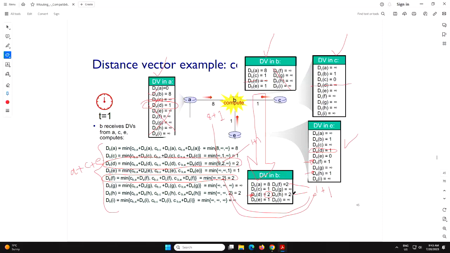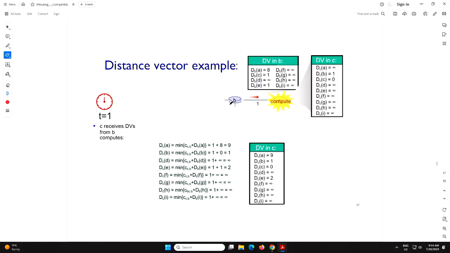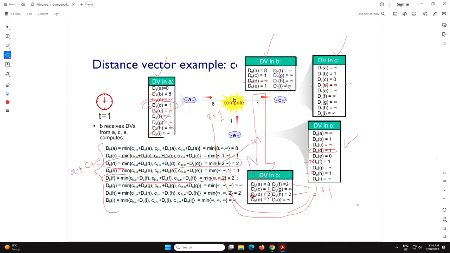So what we are going to do is see how this information propagates, right? In the next one, we are saying that C receives distance vectors from B. Now C is receiving from B, but not the updated one. This is the updated B, right? But this updated B will be given to C at a different time, let's say time T2, because at T1, B received from C the original routing table, and let's say that C also received B's original table during this time.